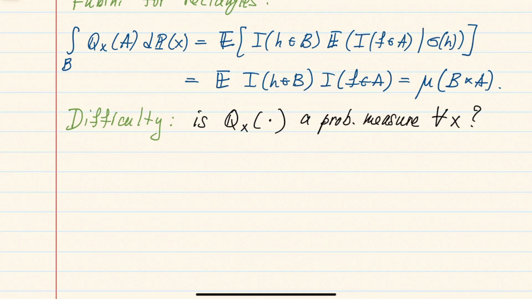Well, for example, if we take Q of some disjoint union of measurable sets, so let's say we have a union of some measurable sets which are disjoint.